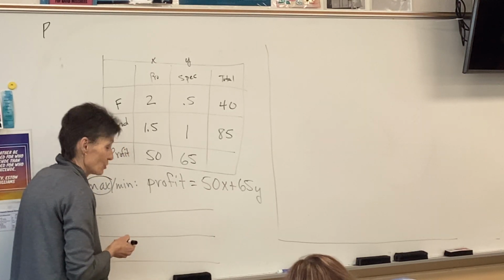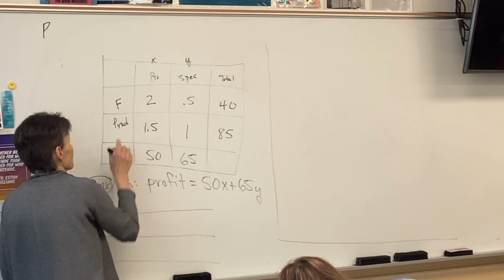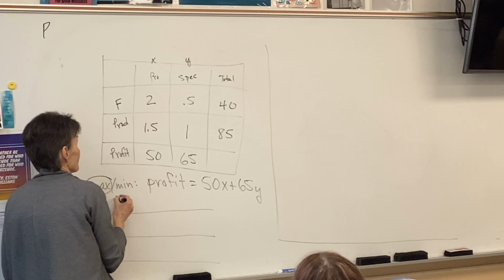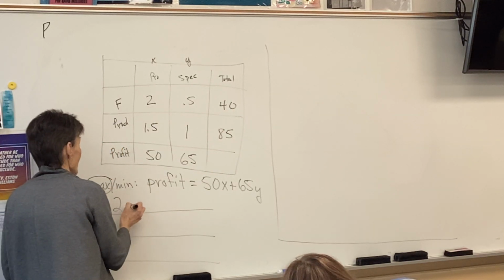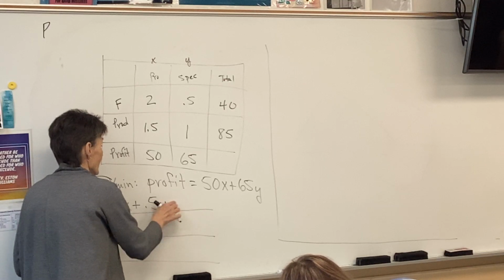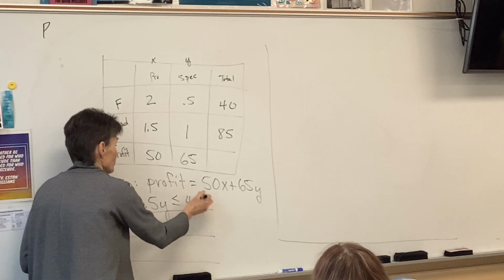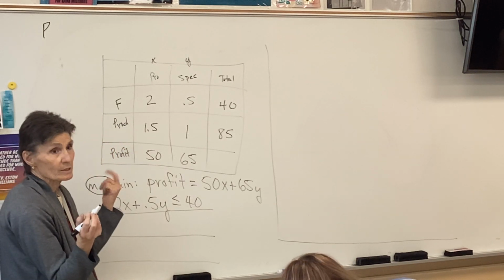All right, now what are my constraints? What's holding me back here? There's a constraint: 2x plus 1/2 y has to be less than or equal to 40, because I only have 40 hours.